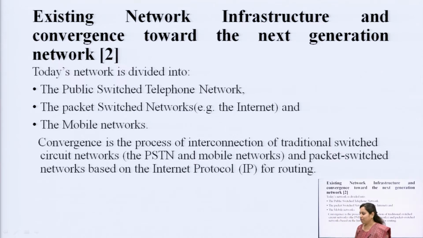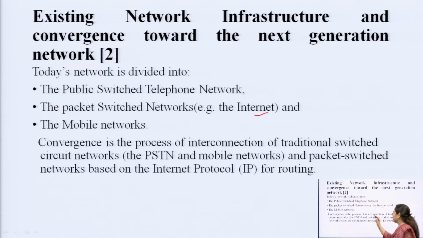So, existing network infrastructure and convergence towards the next generation network. Today's network is divided into the public switched telephone network, which means the landline phones that are connected, then packet switched networks, the internet, and the mobile networks.